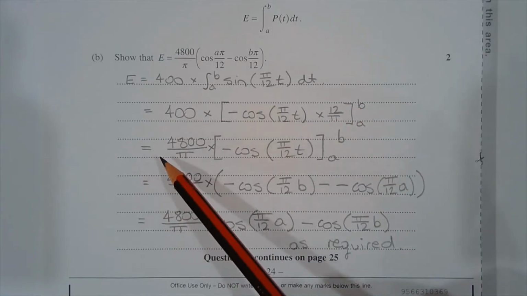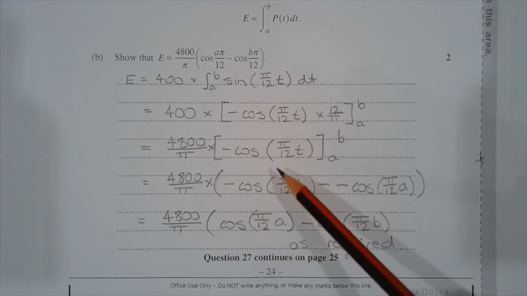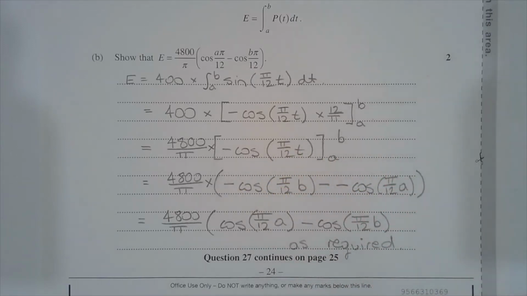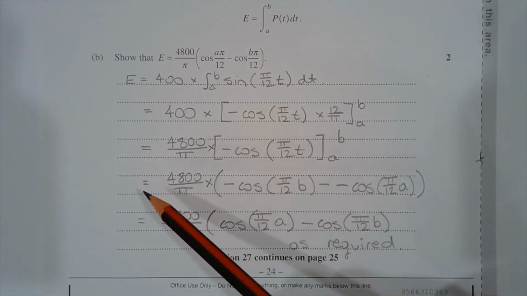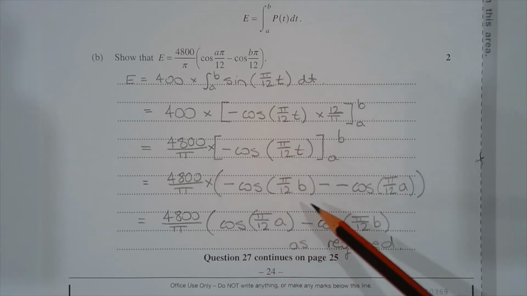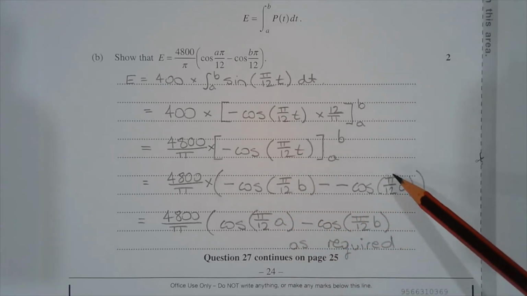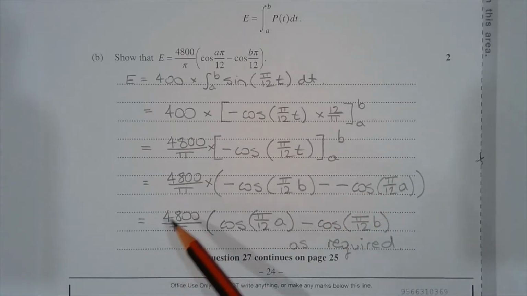And that equals 4,800 over π multiplied by negative cos(πt/12) from t equals A to t equals B. Applying the limits of integration, we have 4,800 over π multiplied by negative cos(πB/12) minus negative cos(πA/12), and of course a minus minus becomes a plus, and that equals 4,800 over π multiplied by cos(πA/12) minus cos(πB/12), as required.